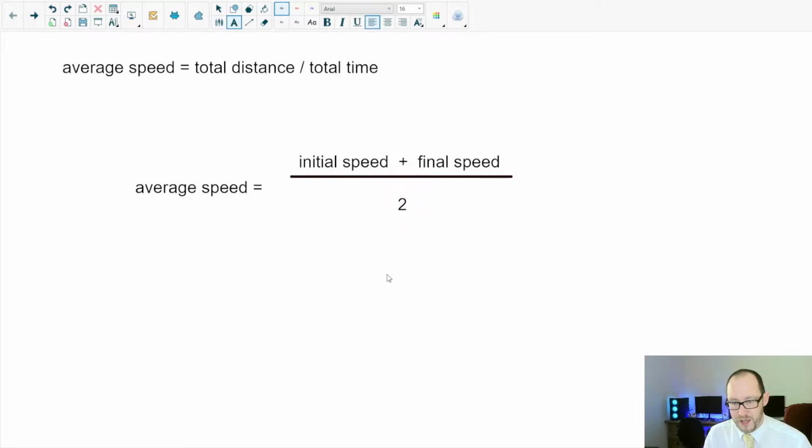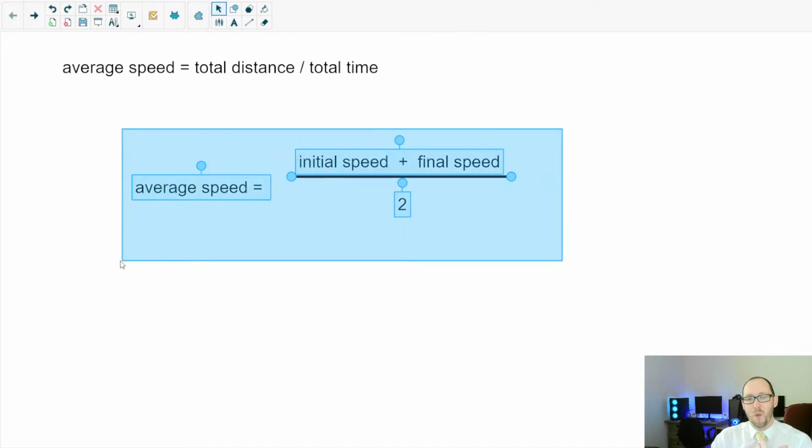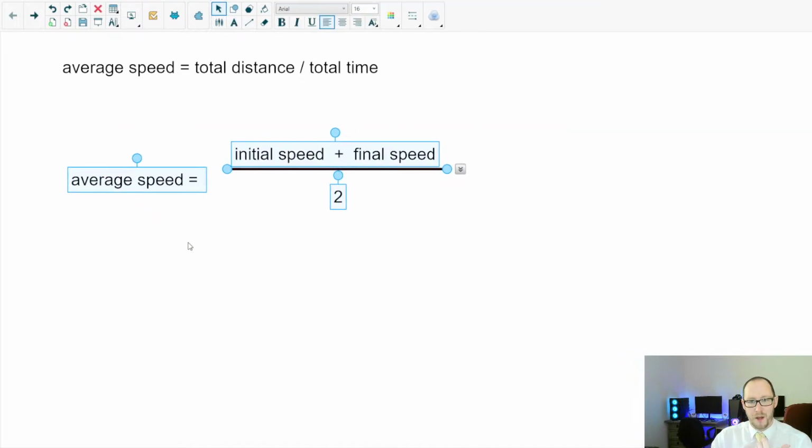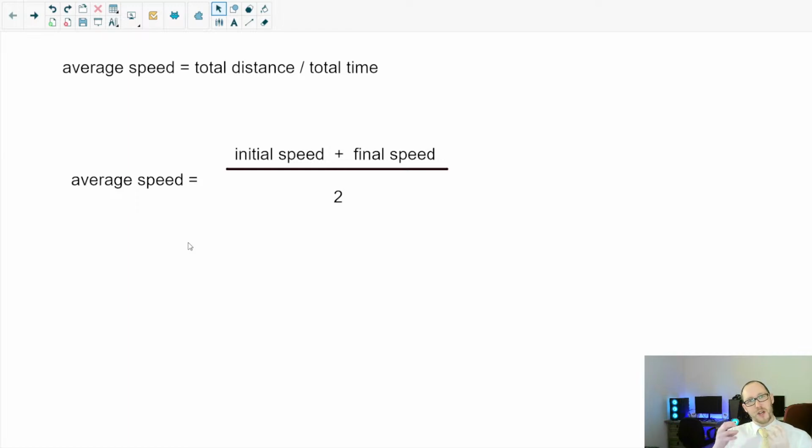Now this is an exam trick. This question is used all the time because everybody knows average speed is distance over time. You probably get taught that in first year when you come in the door, but average speed as initial speed plus final speed over 2 is a bit more of a niche case. It doesn't get used anywhere near as much, and as a result, it's a wonderful question for exam questions to test. Do you know everything there is to know? And it's not a particularly difficult concept.